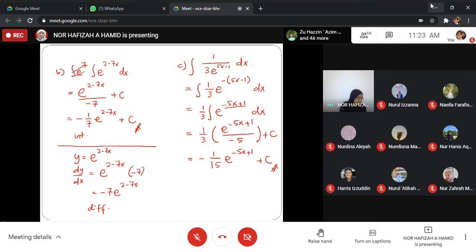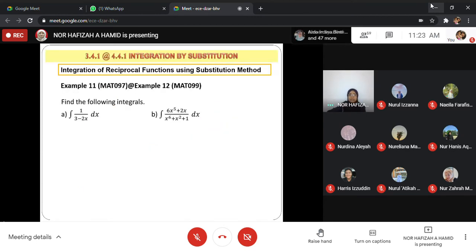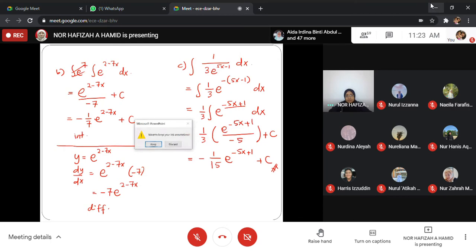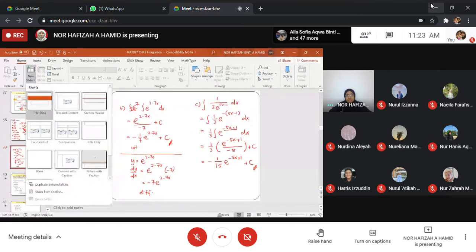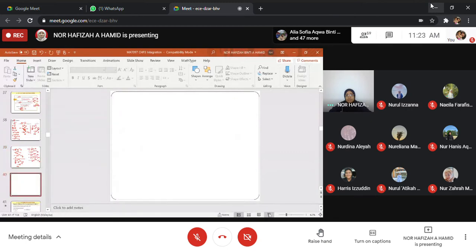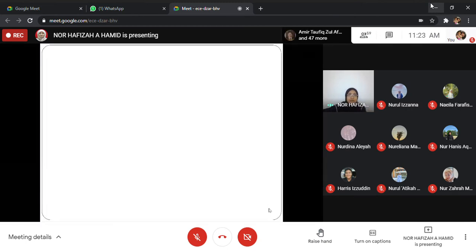And next, last for D. Okay, for D, saya nak solve integrations of e to the power of 1 over x plus 3 over x squared, integrate with respect to x.